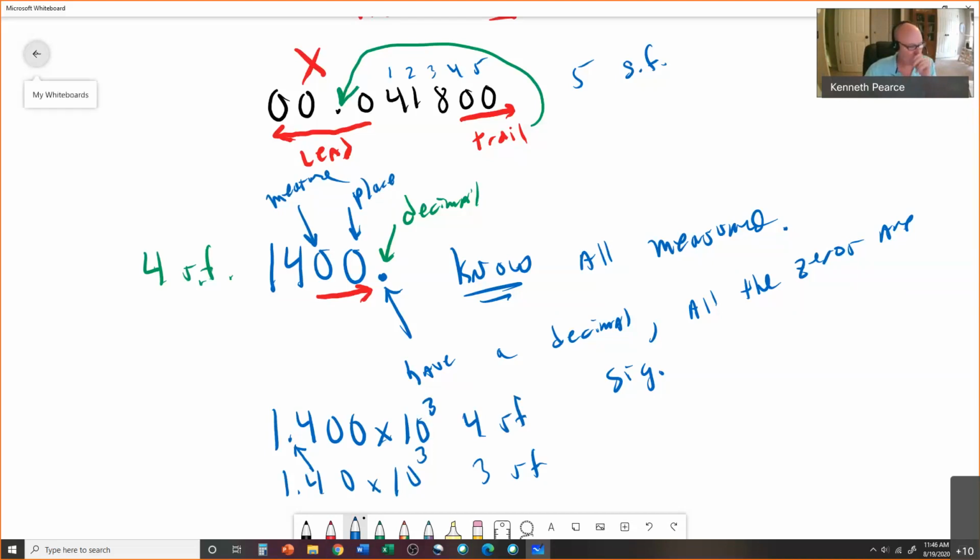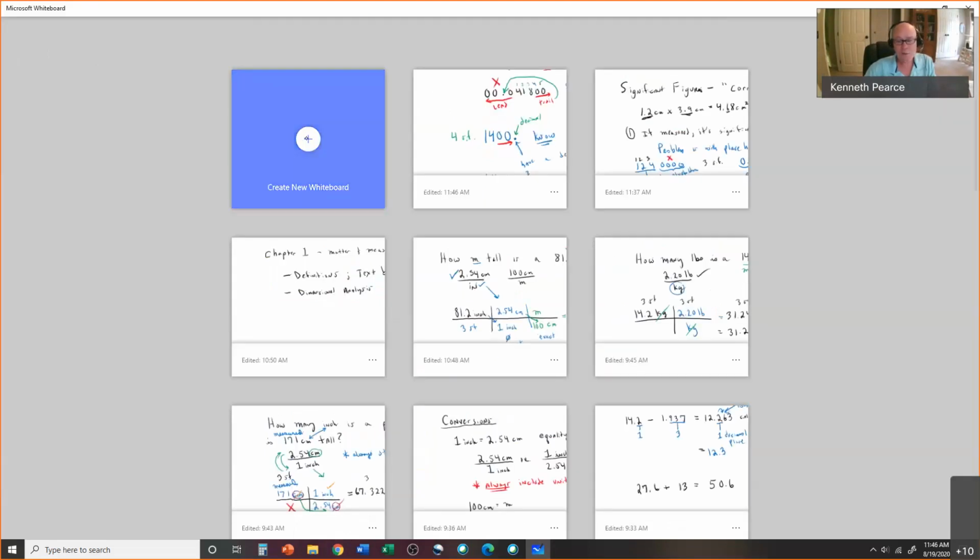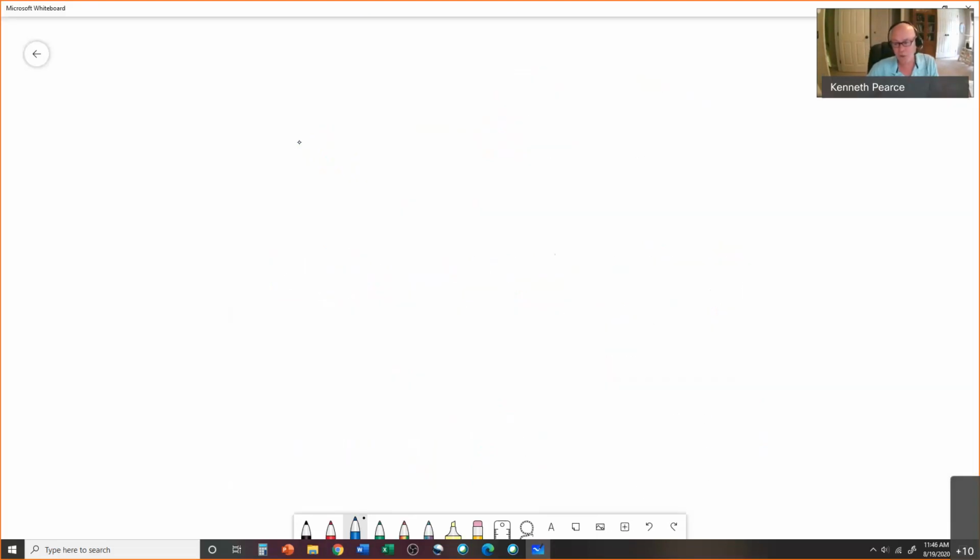Okay, now where is all this leading us? Well, when we do calculations, we have to use what's called rules of significant figures. So that we can get the correct answer, we have rules for multiplication and division. This is sig figs in math, because we have to know where to round our calculator answer.